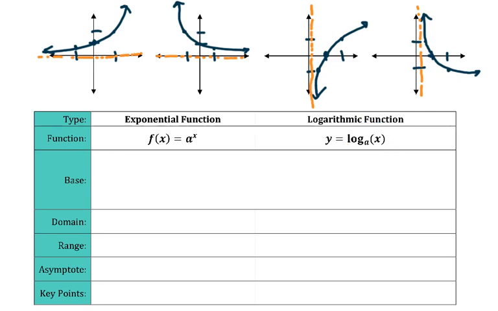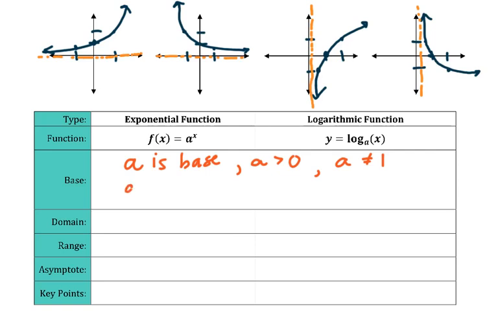Okay? So in both of these situations, when we think about that base a, one thing we know, we'll say that a is the base. a has to be positive, and a is not allowed to equal 1. So that is our base.